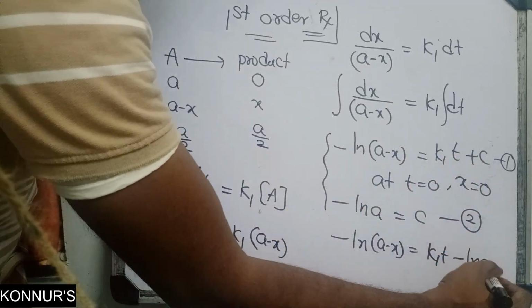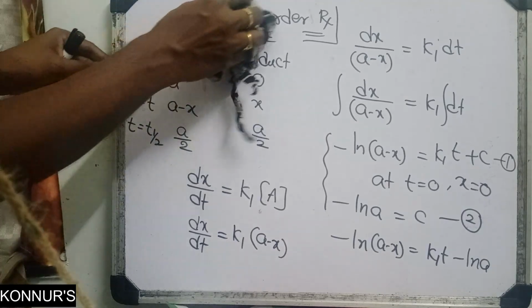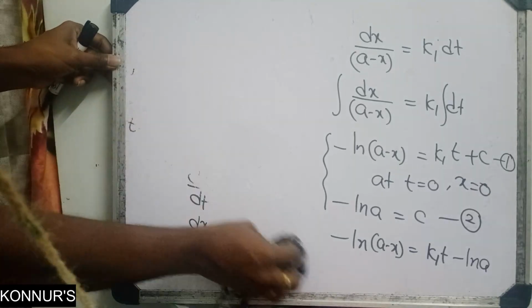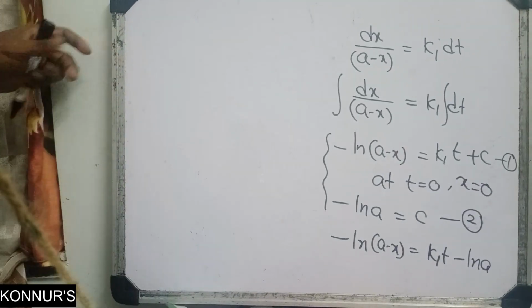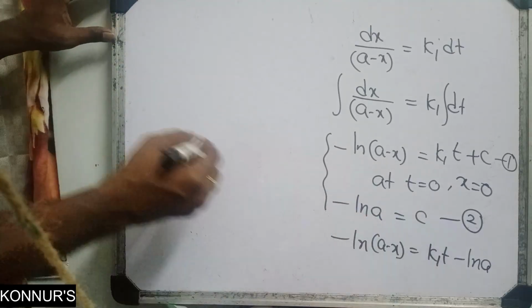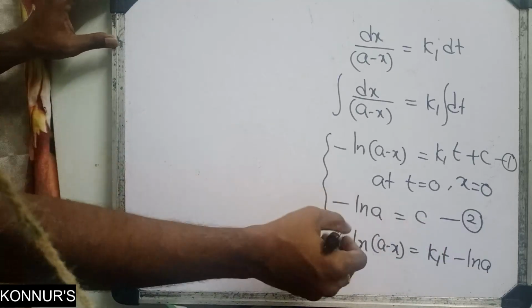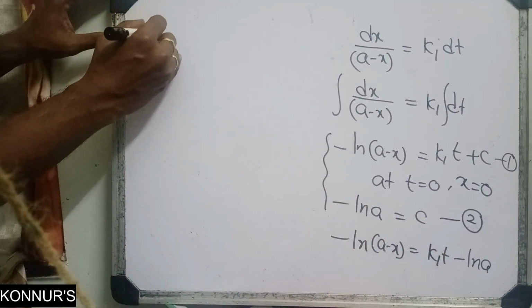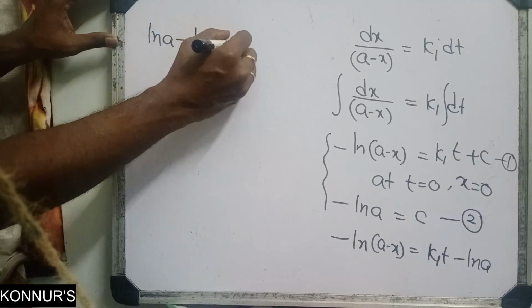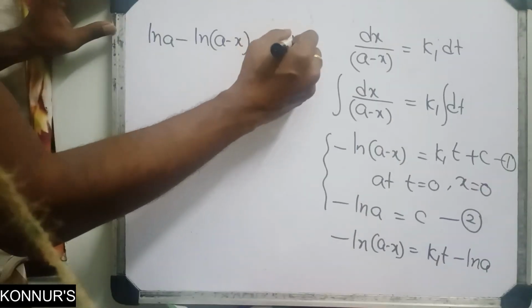Further expansion: you take the minus ln A to the other side, so ln A minus ln of A minus x equal to K1t.